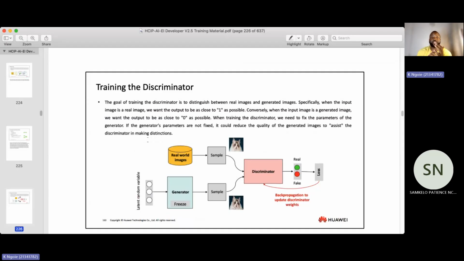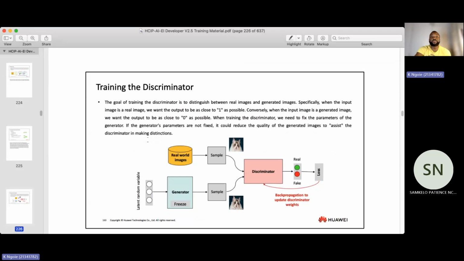And then the discriminator receives both the real samples from the data set and the fake samples from the generator. And then the discriminator learns to tell real from fake. So the generator learns to improve by trying to fool the discriminator, while the discriminator learns to tell real from fake. So this continues until the generator's output becomes so realistic that the discriminator can't easily tell the difference. Right, so that's how the training process is going to happen.